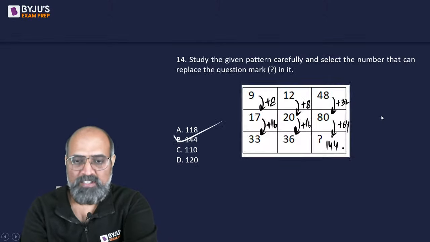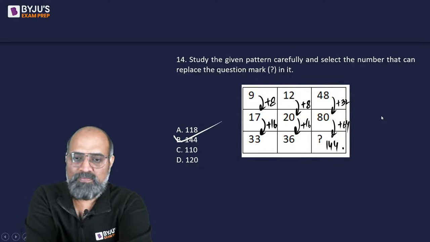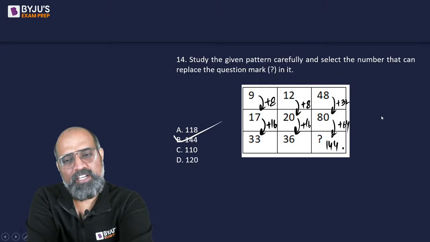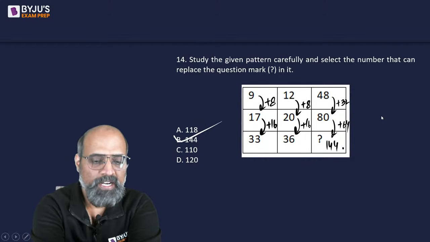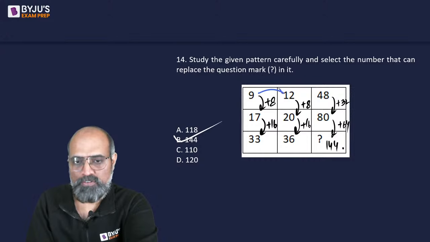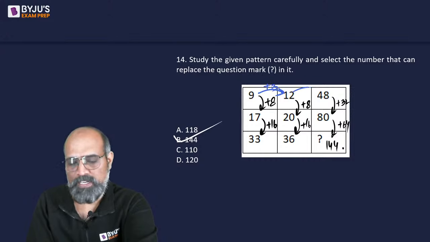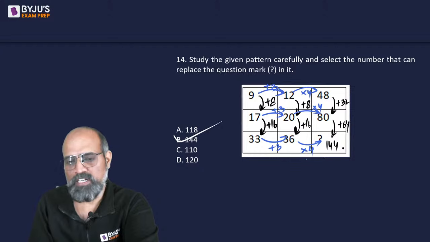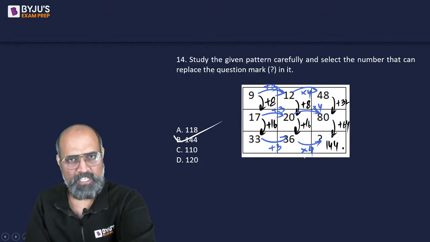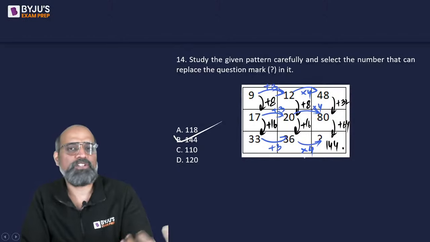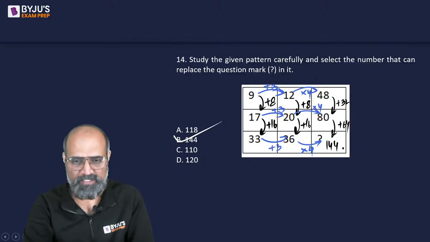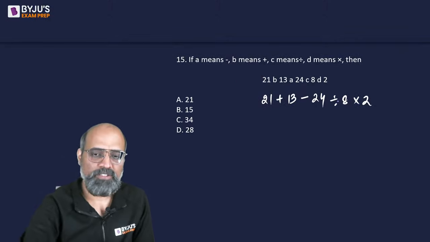Acha. Plus 3 into 3 no, plus 3 into 4. Right? So horizontally if I go, it's plus 3 into 4, plus 3 into 4, plus 3 into 4. Double of 36 is 72, and double of 72 is 144. Right? Okay, yeah, back to this.